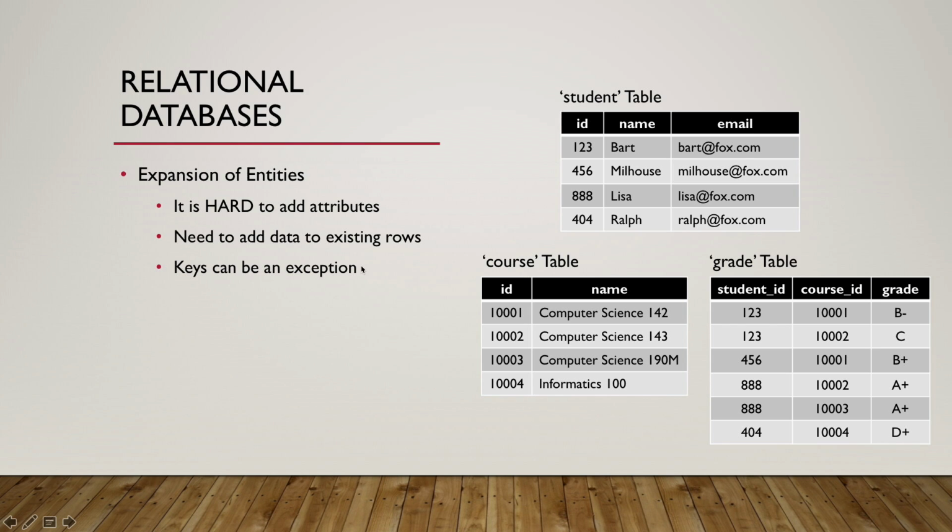Now, keys themselves can be an exception. If you want to add in a key from another table, like a foreign key, then expanding that entry is not as difficult. These keys are usually auto-generated and are just incremented over time in order to make sure that they stay unique. So keys might be an exception here. Expanding the number of tables, say you want to create a whole new entry, that's actually not as difficult.